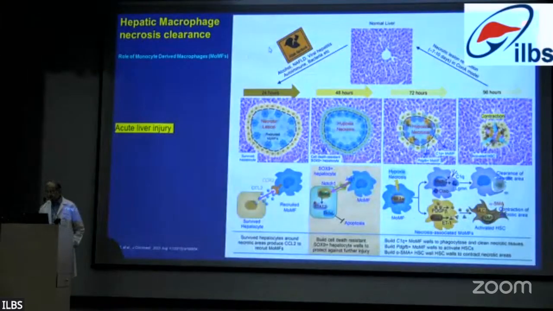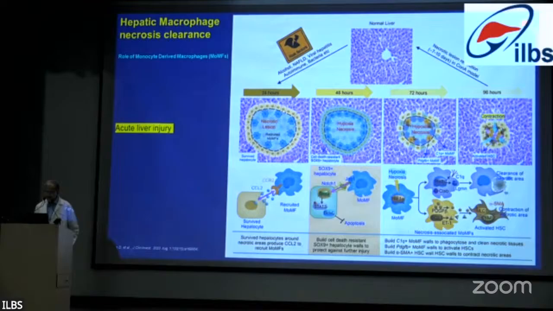Now, this beautiful figure tells you how the monocytes from the blood are important players. So, monocyte-derived macrophages. I told you there is a necrosis, there is an injury due to alcohol or paracetamol or drugs.